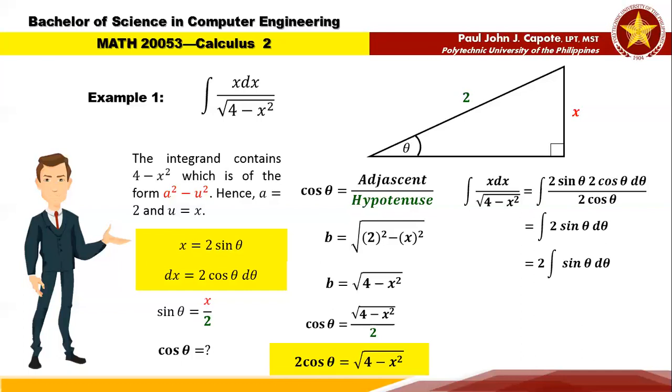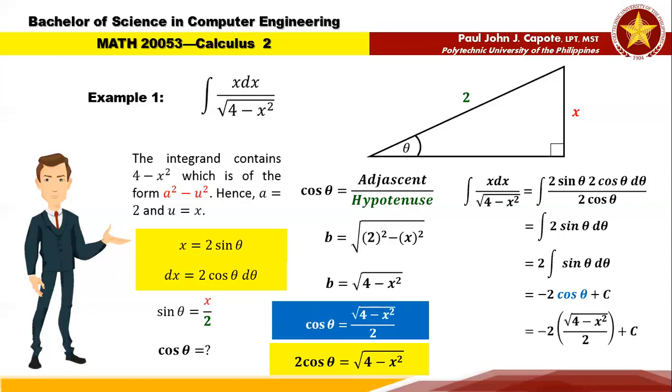And we learned from our previous lecture on integrals of trigonometric functions that the integral of sine theta is equal to negative cosine theta plus c. And so we have negative 2 times cosine theta plus c.